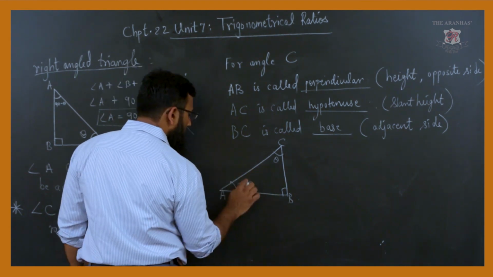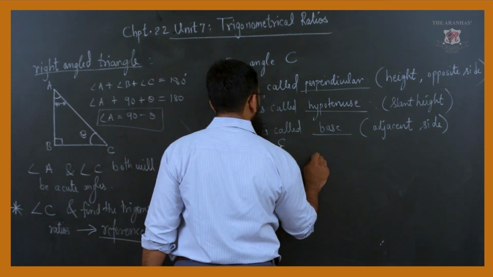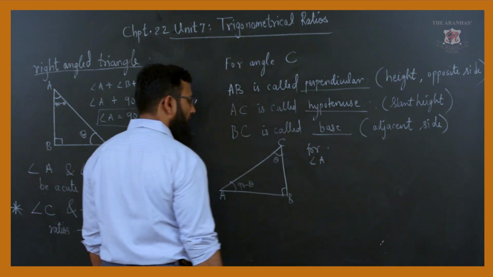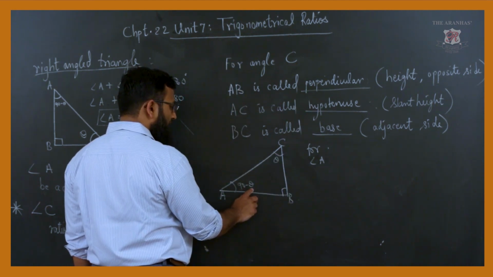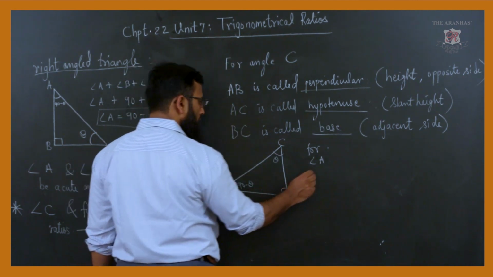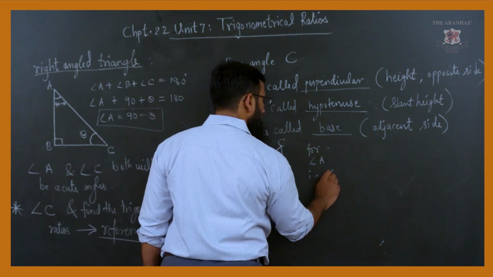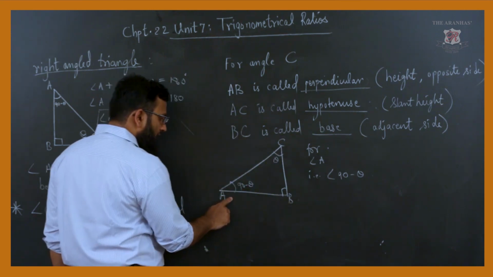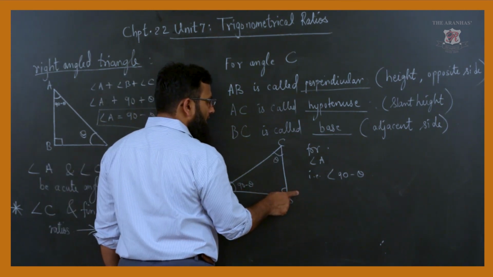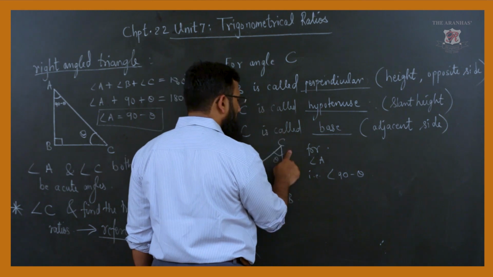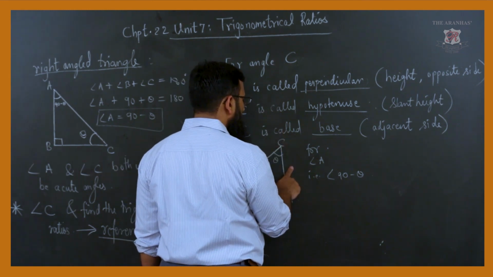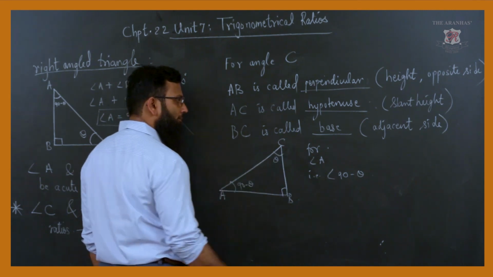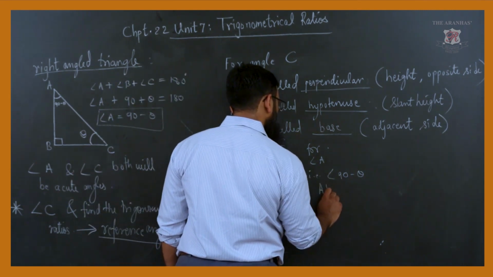So remember now in this situation, for angle A, this is 90 minus theta. In that case, AB will be the base, BC will be the perpendicular or the height or the opposite side, whereas the hypotenuse remains the same. So here changes will be there.